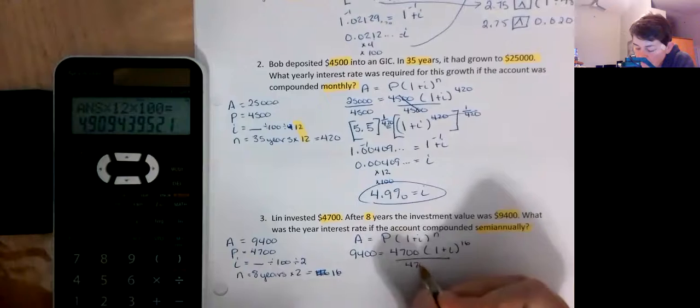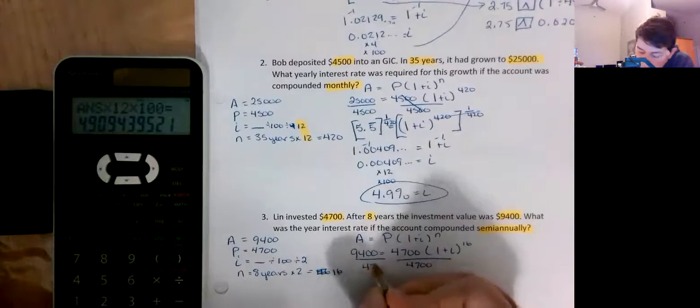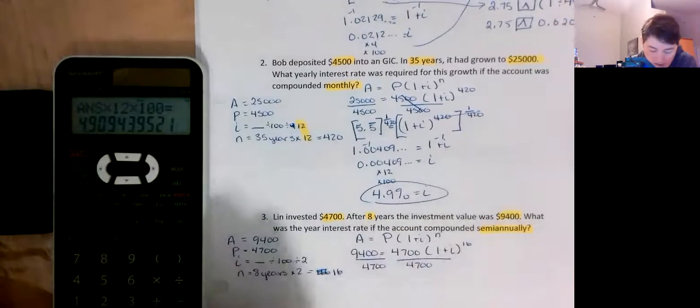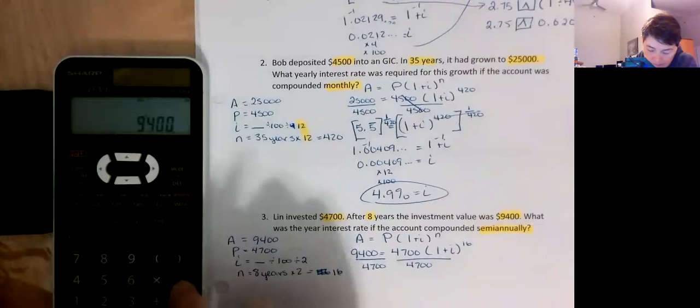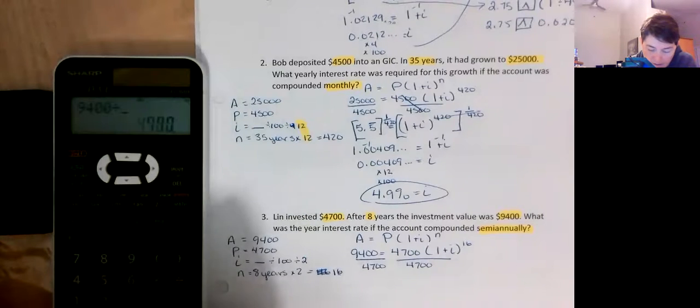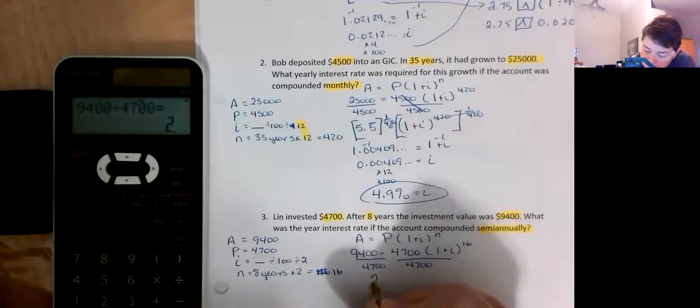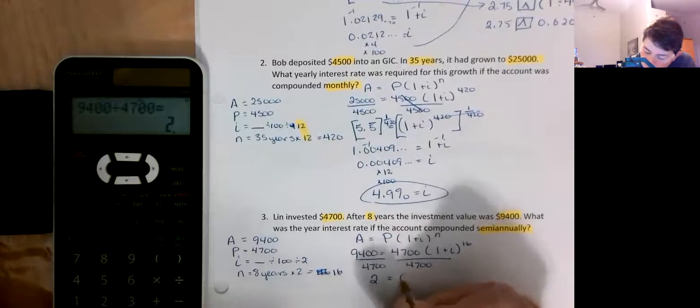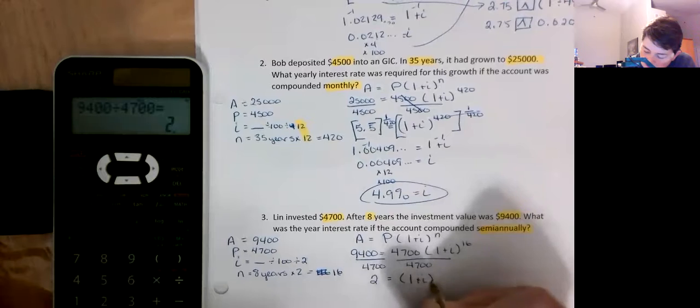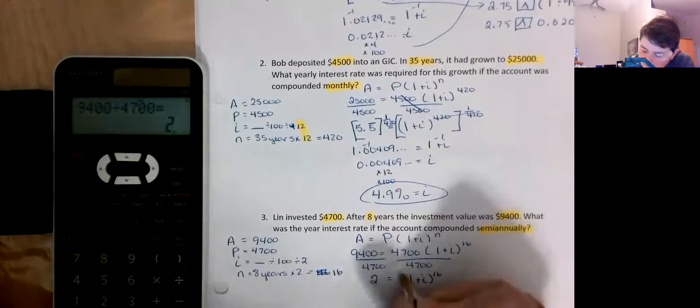Let's get rid of the 4,700. 9,400 divided by 4,700. Oh, it's 2. Well, that was nice. Let's make life easy. 2 equals (1 plus I) to the 16th power.